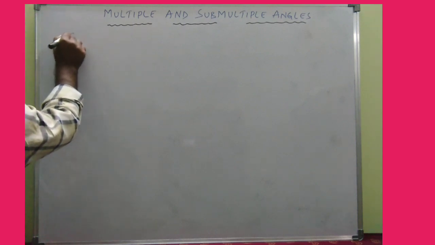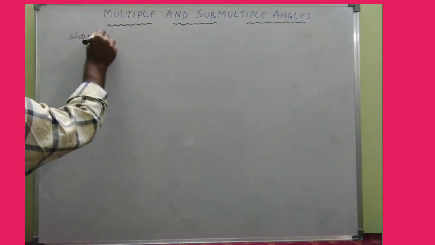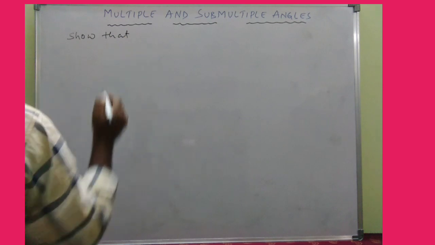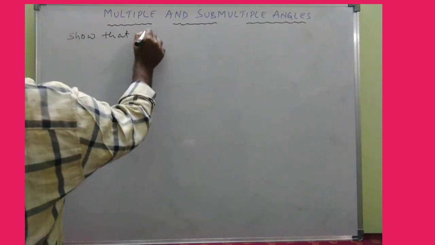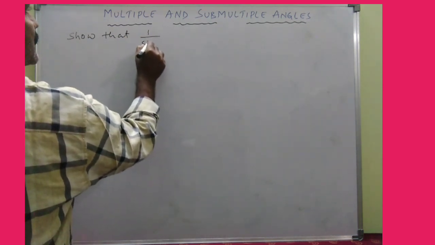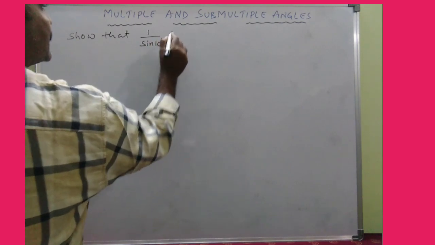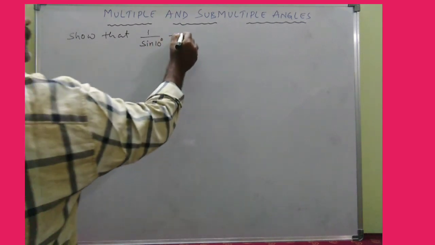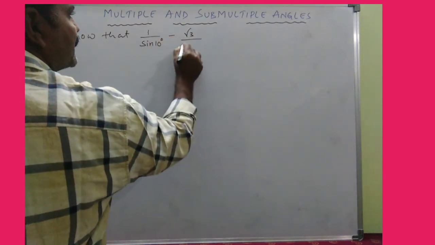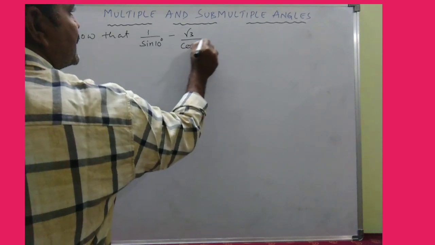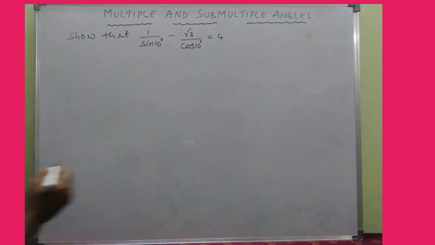After that, coming to the next problem, show that 1 by sine 10 degrees minus root 3 by cos 10 degrees is equal to 4.